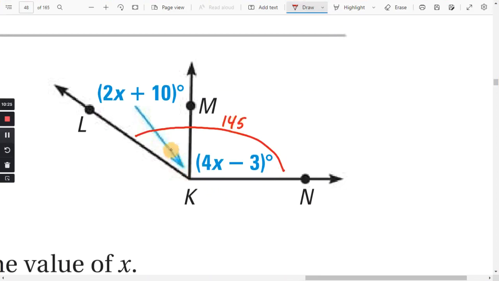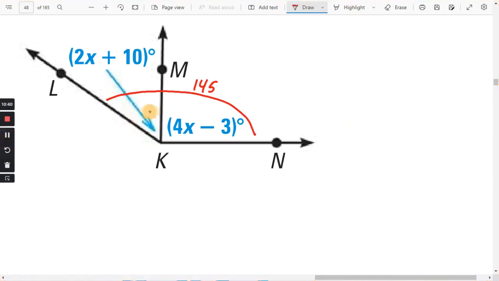So we're going to need to add the two smaller angles and set it equal to the bigger angle. Please see if you can come up with an equation of adding the two smaller angles and setting it equal to the big angle. All right, so the angle on the left, this one right here, is going to be LKM. So measure of LKM.